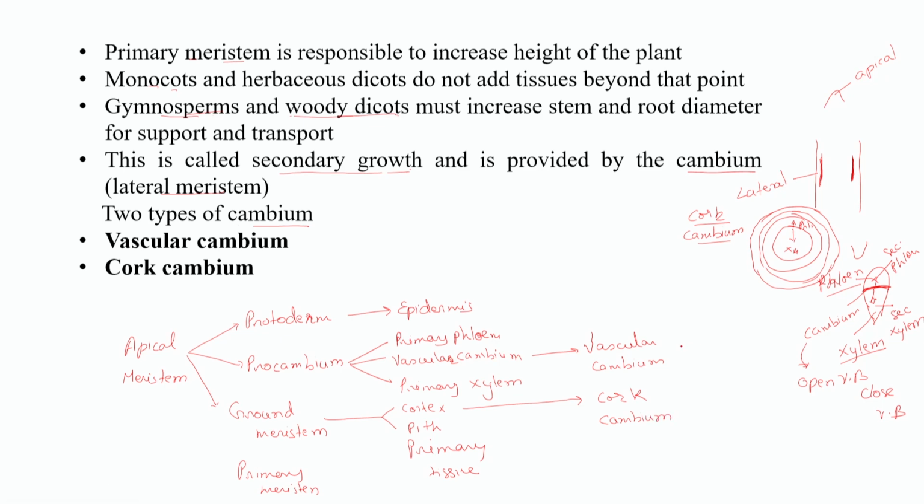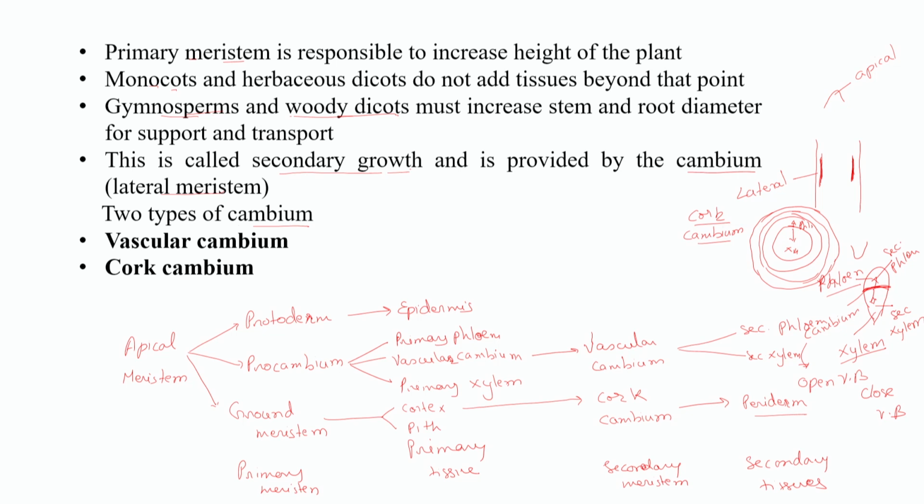Now, vascular cambium will give rise to secondary tissues, that is secondary phloem and secondary xylem. And cork cambium will give rise to periderm. Different layers are there, so overall we call them periderm. So, these are the secondary tissues and this is the secondary meristem. Okay, so in this way different layers of cambium will be formed.